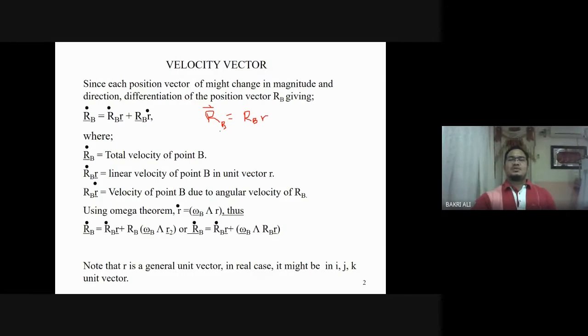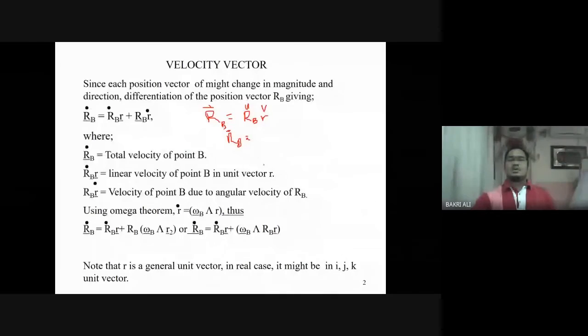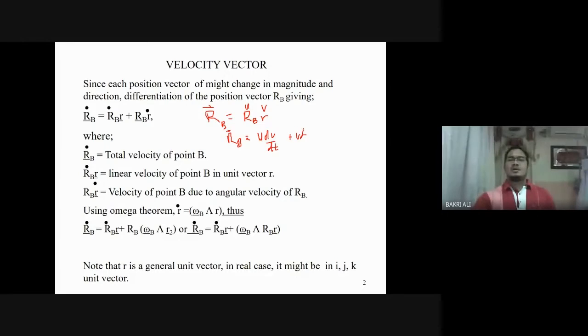So RB dot is equal to u dv over dt, where we maintain u and differentiate v with respect to t, plus v du over dt.